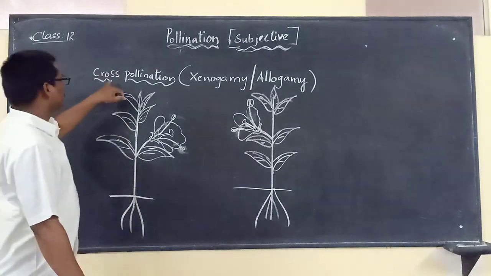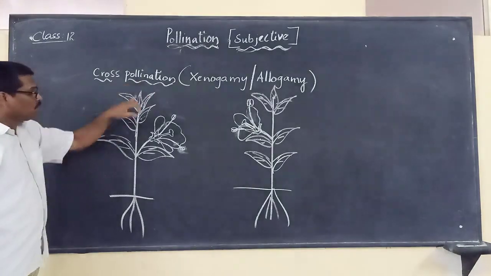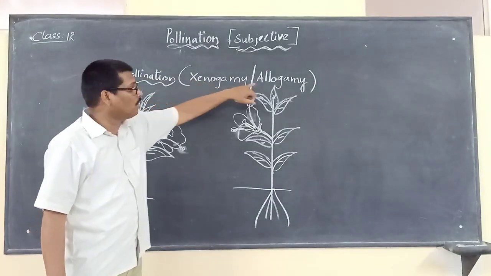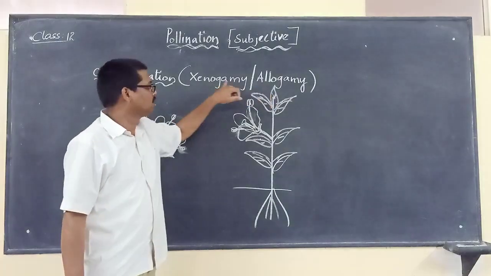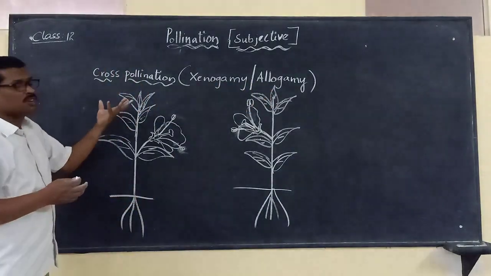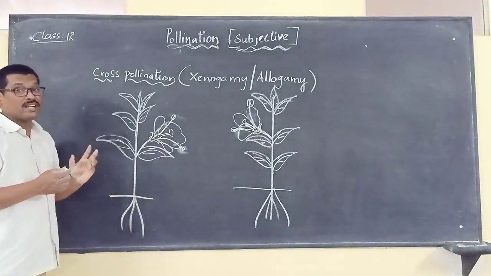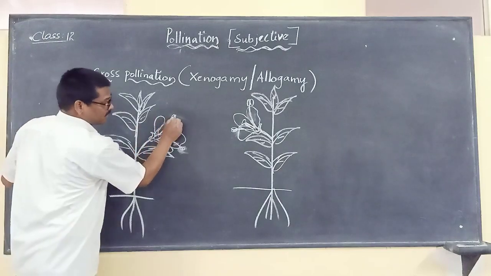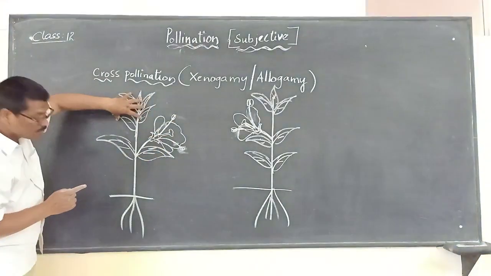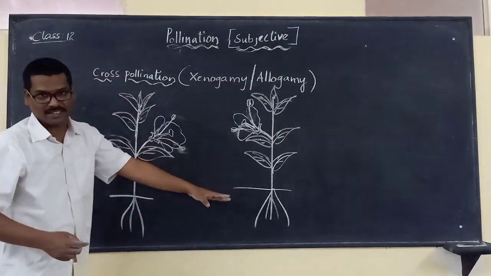The next one we are going to discuss is cross-pollination. Cross-pollination, as we said, can be called xenogamy, or it is also called allogamy. What do you mean by cross-pollination? We should understand. It is transfer of pollen grains from the anther of one flower born on one plant to the another flower born on another plant.